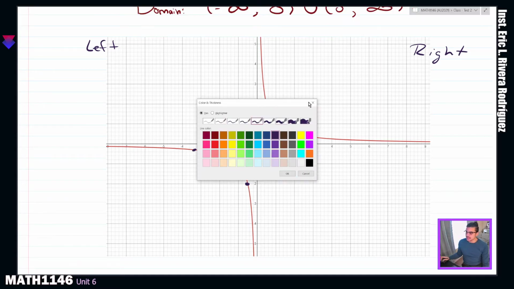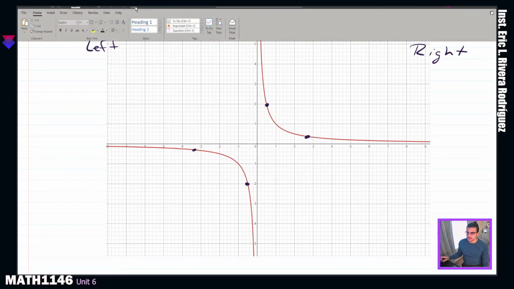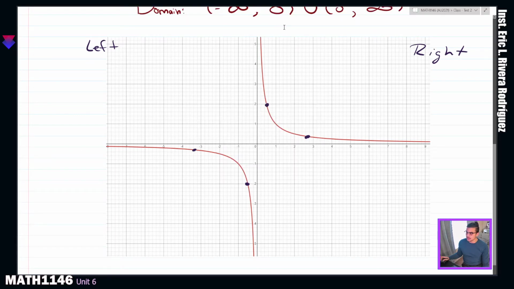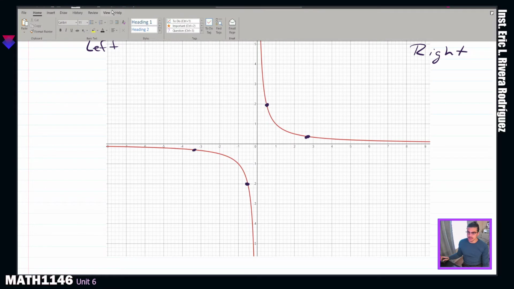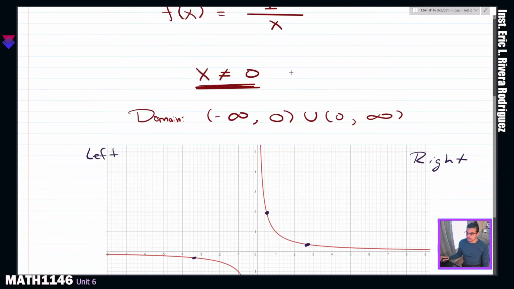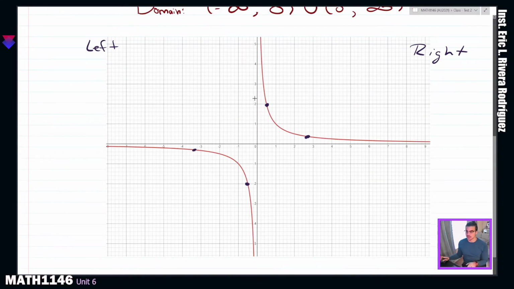The vertical asymptote is the representation of the restriction of this function. So the restriction is x cannot be equal to 0, right? So we can represent that in the graph as an asymptote.